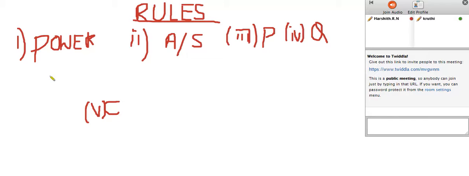So the power rule: differentiation of x to the power n is equal to n into x to the power n minus 1.